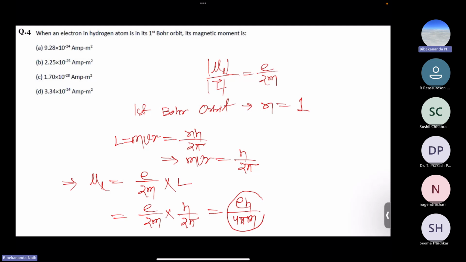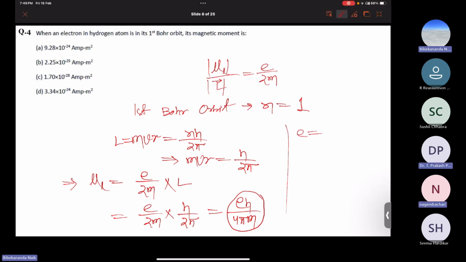If you put all the values, can anyone tell me what are the values of those constants? What is the value of e? 1.602 into 10 power minus 19 coulomb. Then what is the value of h? 6.625 into 10 power minus 34 joule second.